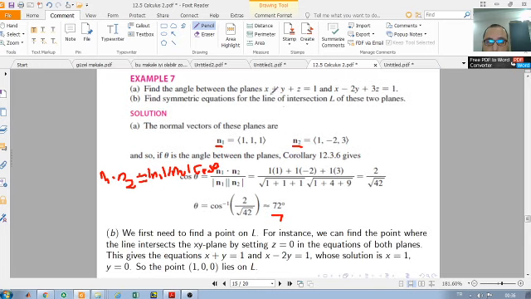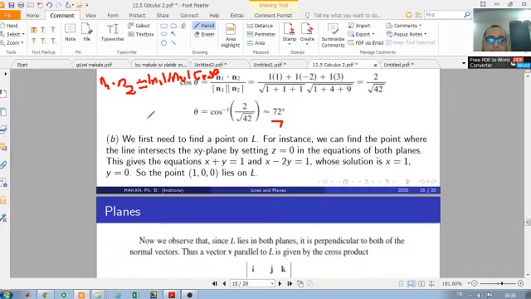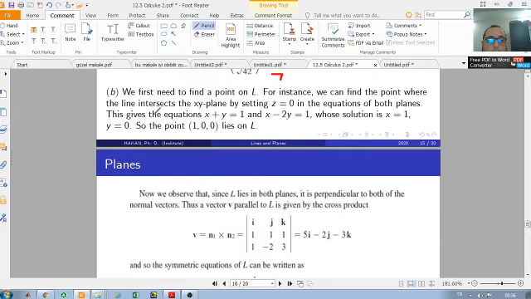Namely, we try to find a common solution for these two equations that involve three variables. So to get rid of one of them, we write a number to get just two variables for two equations to solve easily. So from here we obtain x is equal to 1, y is equal to 0. Therefore, the point (1, 0, 0) lies on this line.